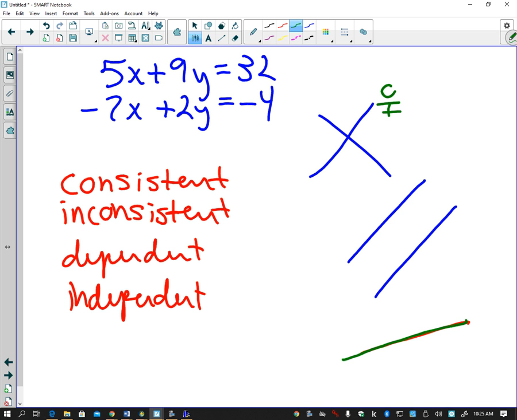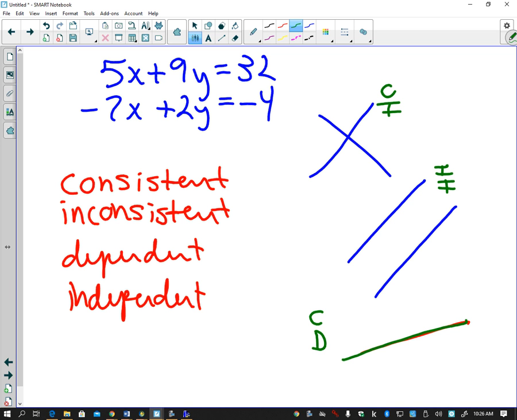If they are parallel, they are inconsistent and independent. Right? If they are the same line, they are consistent and independent. Hold on, sorry, inconsistent, independent. Wait, I'm looking at the wrong thing. Consistent, dependent. Ugh.